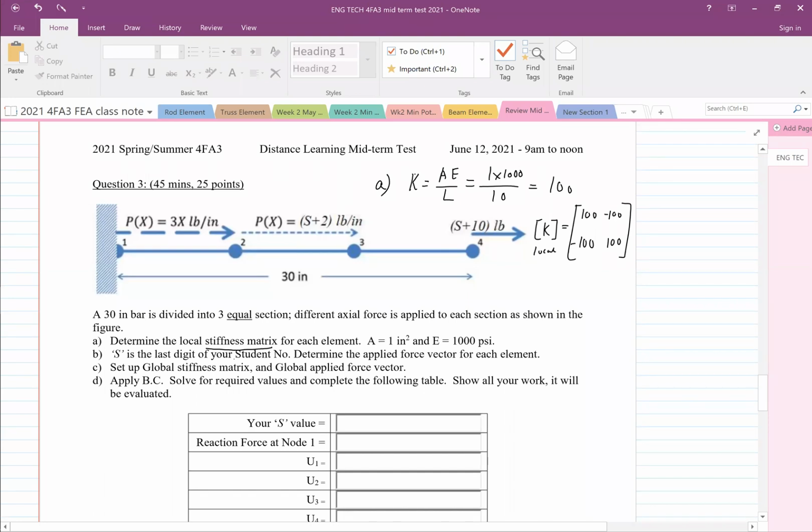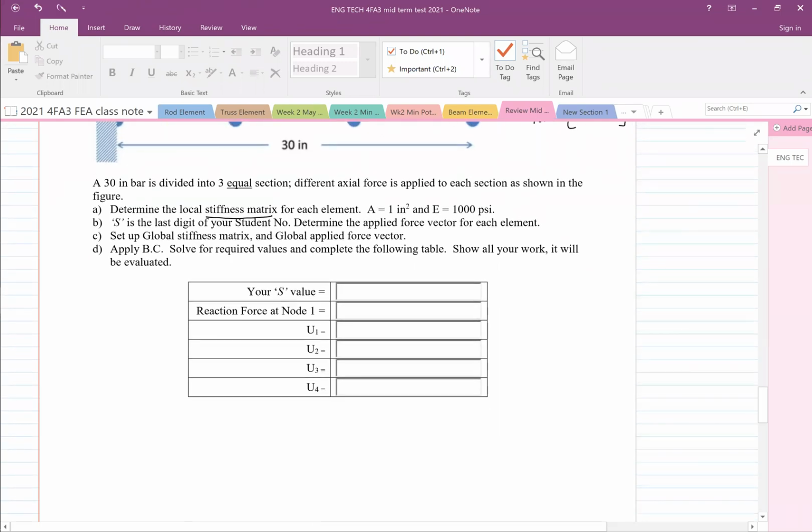S is the last digit of your student numbers, and then determine the applied force of each element. Okay, don't let the unknown scare you. So we do it one at a time.